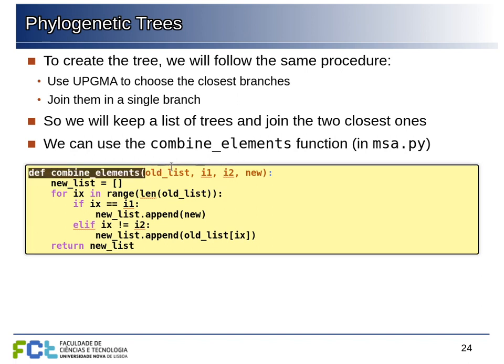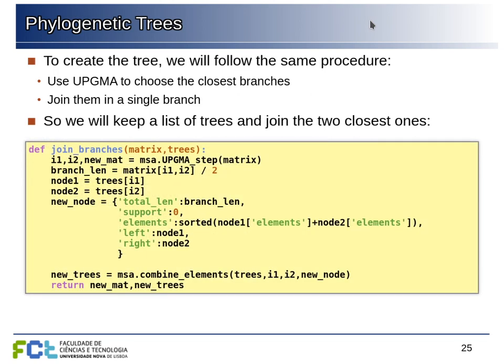So basically we receive a list, two indexes and the new element, and what this does is it creates a new list where the first index is replaced by the new element, and the second is discarded. So basically this is what we used to combine elements during the step-by-step procedure in UPGMA. So this is a function that we already have from last week.